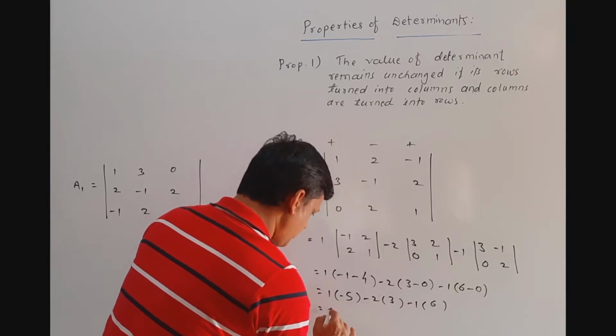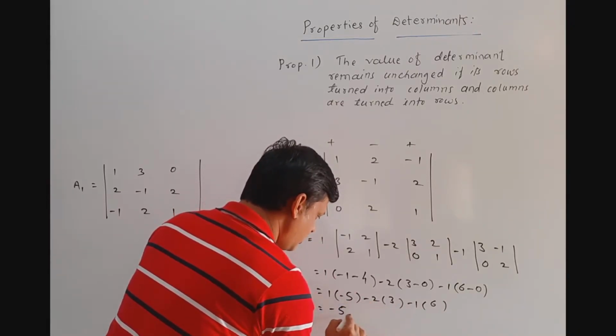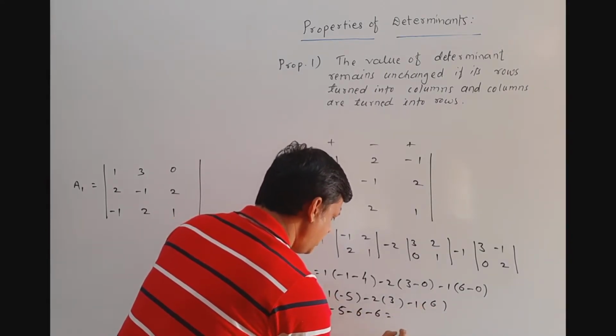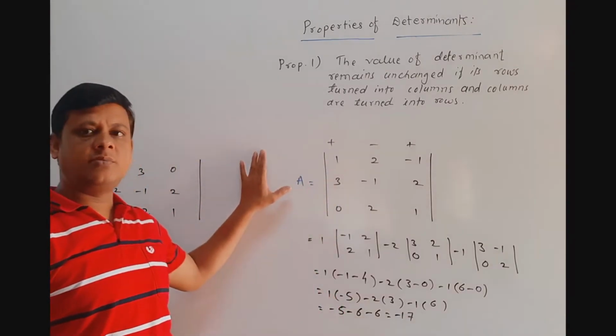So we write 1 into minus 5 as minus 5, minus 2 into 3 as minus 6, minus 1 into 6 as minus 6. So we get here minus 17 as the value of this given determinant A.